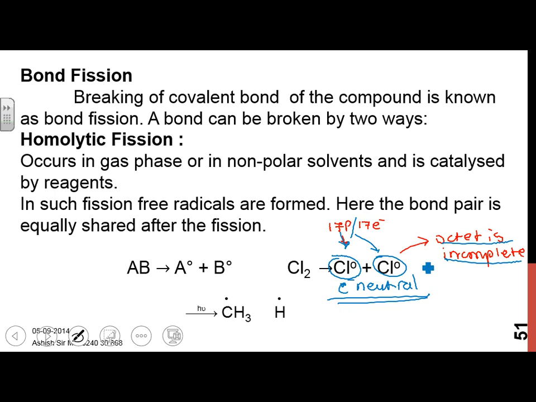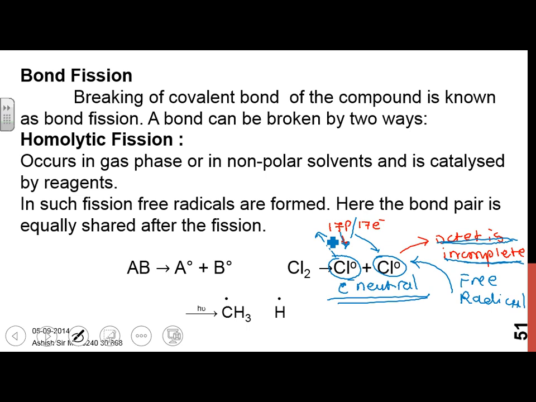They are known as free radicals. Radical means very active. Actually, its octet is incomplete, so this species is going to react with someone else. They are not going to remain stable.